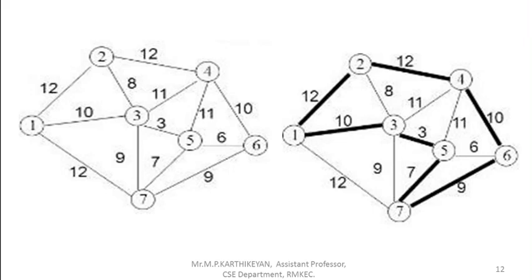Due to that problem, we are going to apply a backtracking algorithm. This path, 1 3 5 6 7, is a dead end, as we could not trace the remaining nodes 2 and 4. So we are backtracking from 7 to 6, and again from 6 to 5.